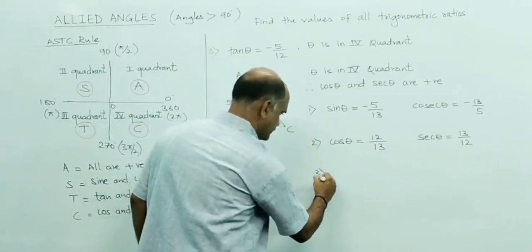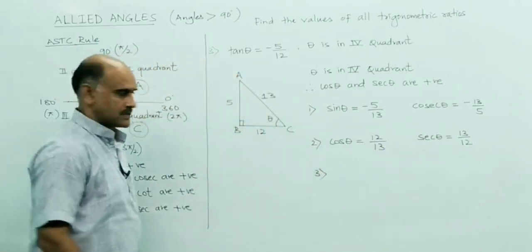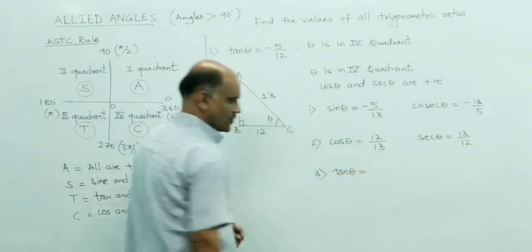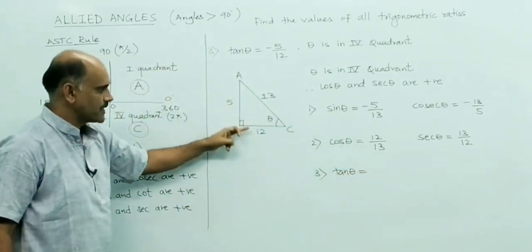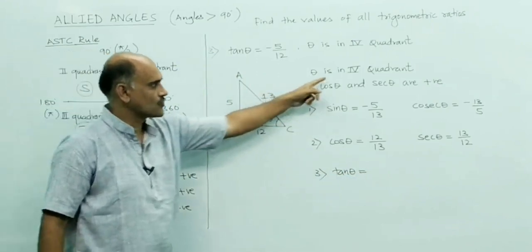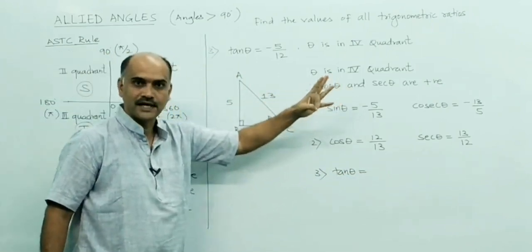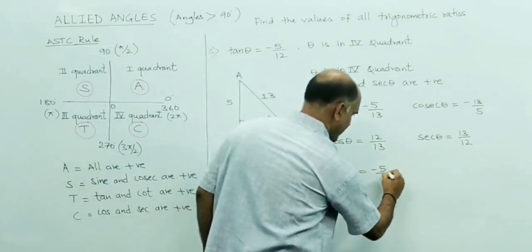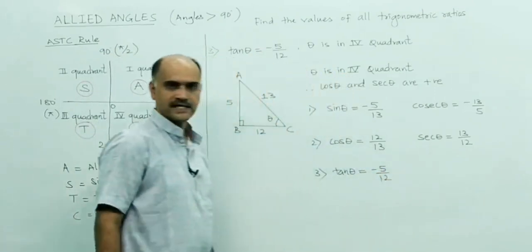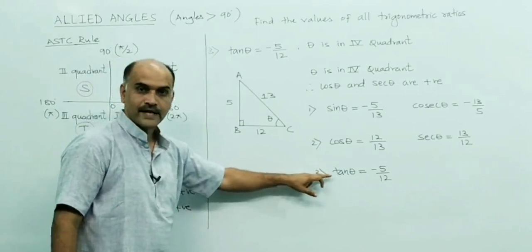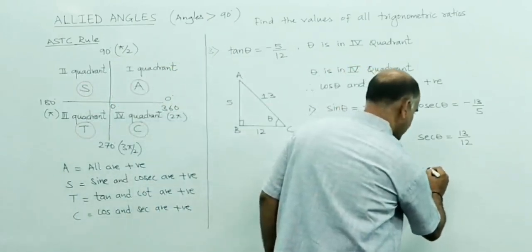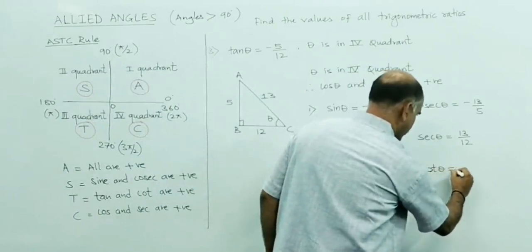Third, tan theta. Tan theta is equal to 5 by 12. In the fourth quadrant tan is also negative, so it will be minus 5 by 12. Now again take the reciprocal of tan, which is cot theta.